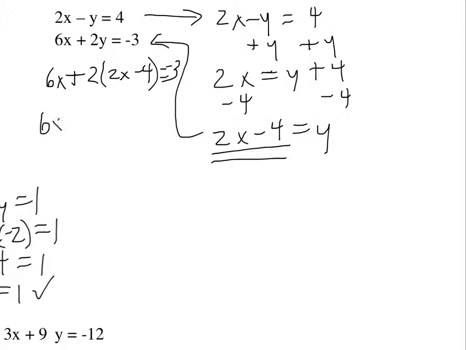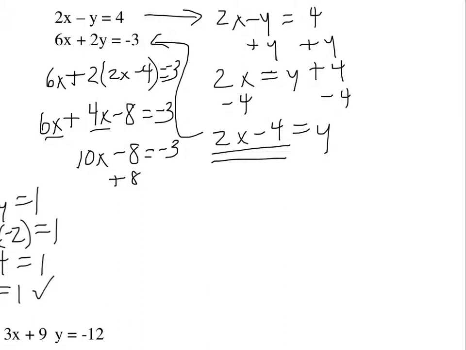So 6x plus 4x minus 8 equals negative 3. Combine our like terms. 10x minus 8 equals negative 3. We're solving for x. Let's add 8 to both sides. We get 10x equals 5. Divide by 10. X equals 1/2.